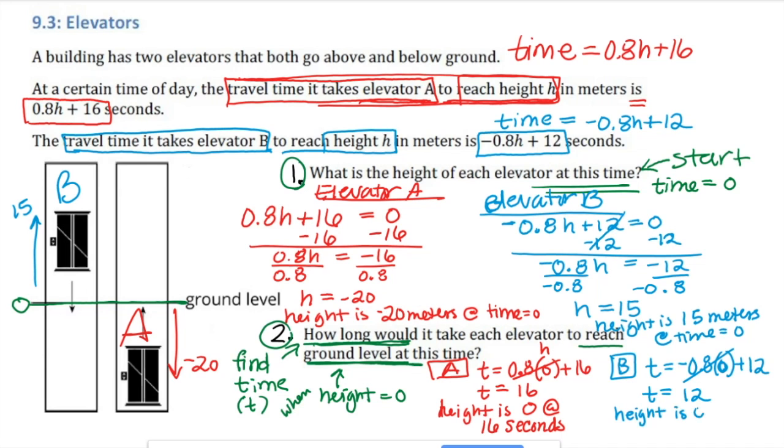So the height is 0 at 12 seconds. So at this specific time of day, it takes 16 seconds for elevator A to get to ground level. At this certain time of day, it takes elevator B 12 seconds to get to ground level. So we've got two elevators that are not moving at the same speed or getting places at the same time, right?